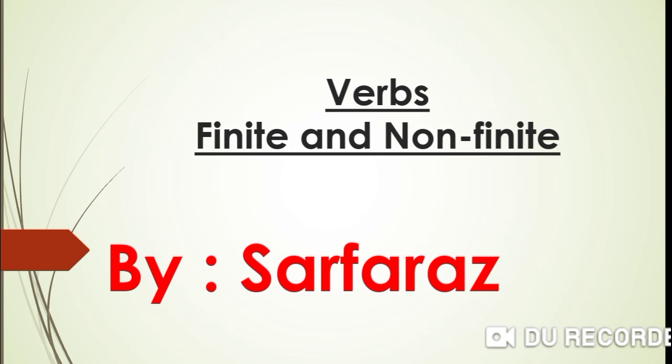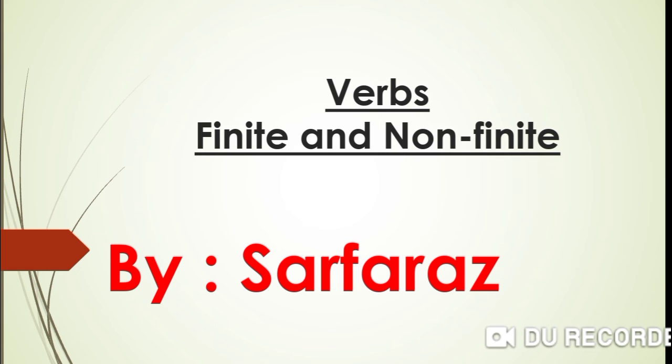First, we have to understand what a verb is. All the action words, the words that show some action, that is called verbs, like read, go, come, study, help, like that. But there are two kinds of verbs. First one is finite and the second one is non-finite.